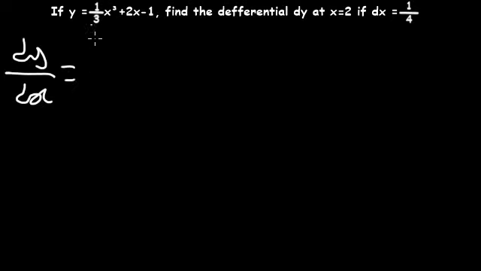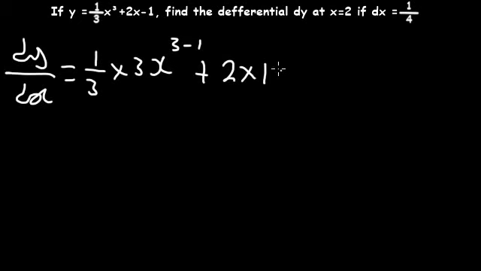So dy/dx will be 1/3 times the power, which is 3, then the variable, then you subtract 1 from the power, plus the next one, the power in this case is 1, then we have 2 times 1 times the variable, and then subtract 1 from the power, which is 1 initially. Then the derivative of the constant minus 1 becomes 0, and we need not write that again.